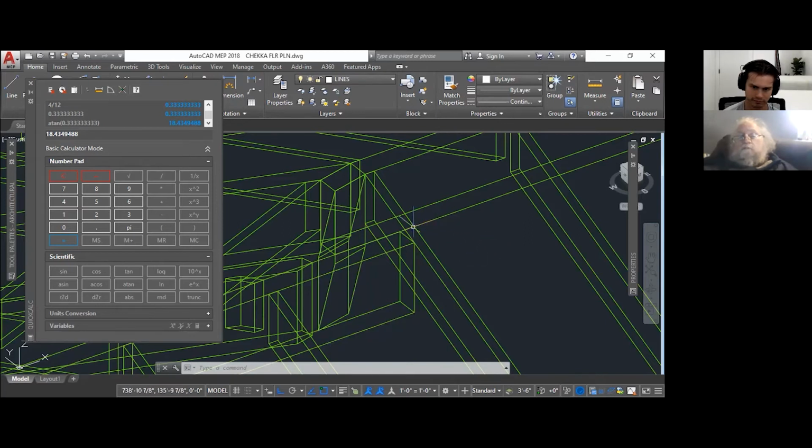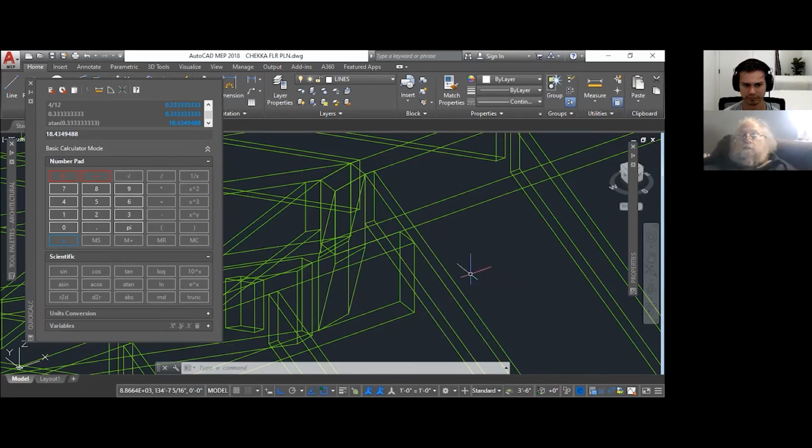And what do we end up with from this point over to this other ridge? That's the question we're asking ourselves. Well, we know that this is a foot from this point over to that ridge. Why? Because one span is 18 foot and the other span is 16 foot.